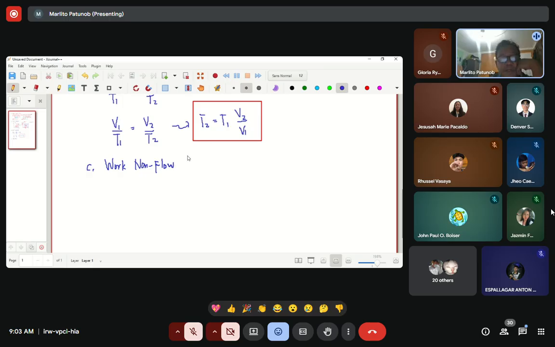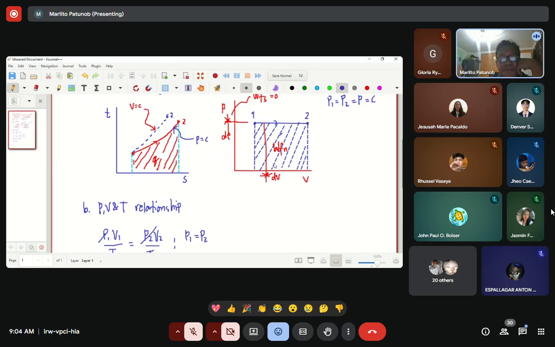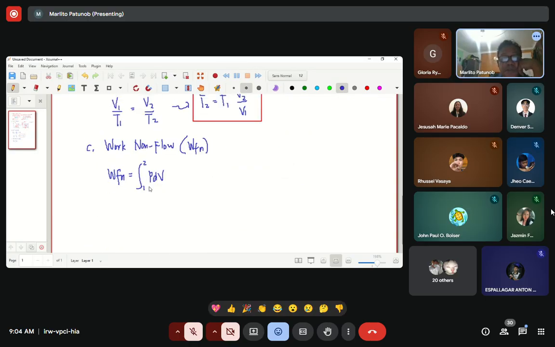Or the non-flow work. Okay. WFN. So the work non-flow, we know already it's the integral from limits 1 to 2 of PdV. Looking at the PV diagram, since P is constant, the work non-flow will be P times the integral of dV.